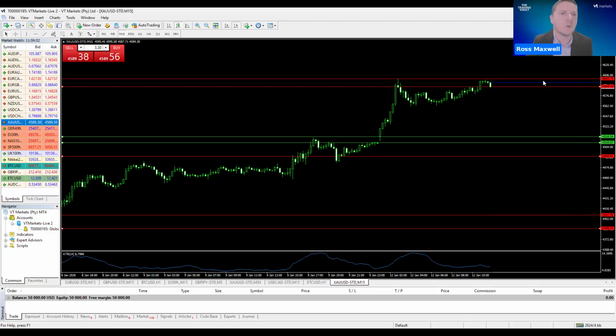So I would wait for price to break and then retest this area to get long.